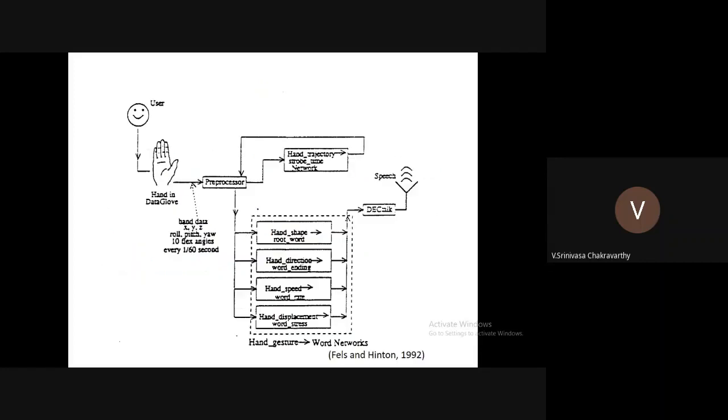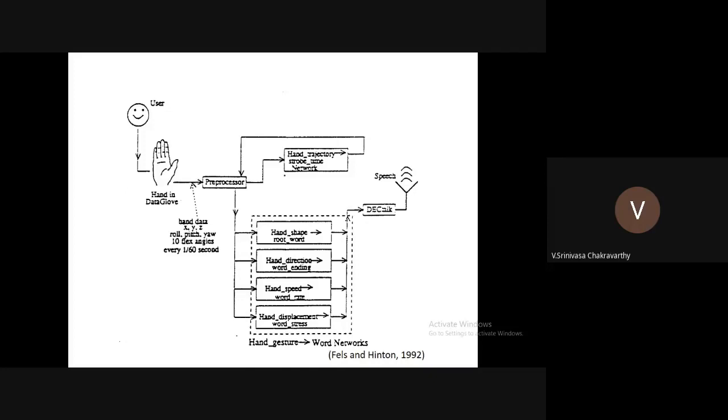From this, you need to produce speech sounds, and obviously English is the language in this case. So this information goes to a preprocessor, and then first it is fed into one main network, which is called the hand trajectory strobe time network. This is used to segment your hand gestures, because gesturing is done continuously through time, whereas the speech that comes out is in the form of words.